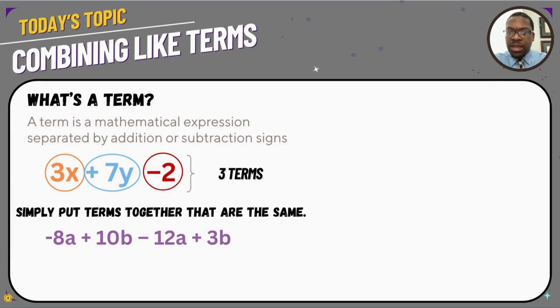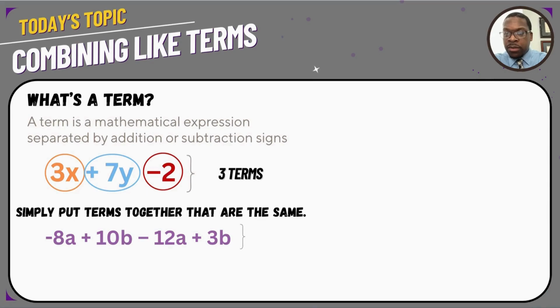All right, let's look at a problem. If we have negative 8a plus 10b minus 12a plus 3b, what we want to do is first identify what our terms are and then which ones are the same. And if they are the same, we can put those together. So if we look at this problem, we have four different terms.